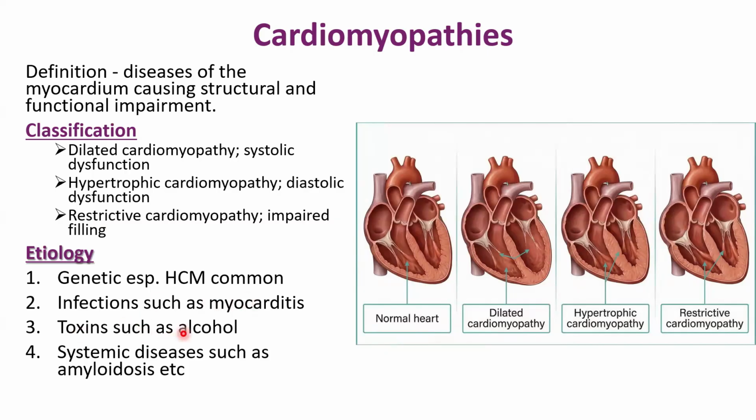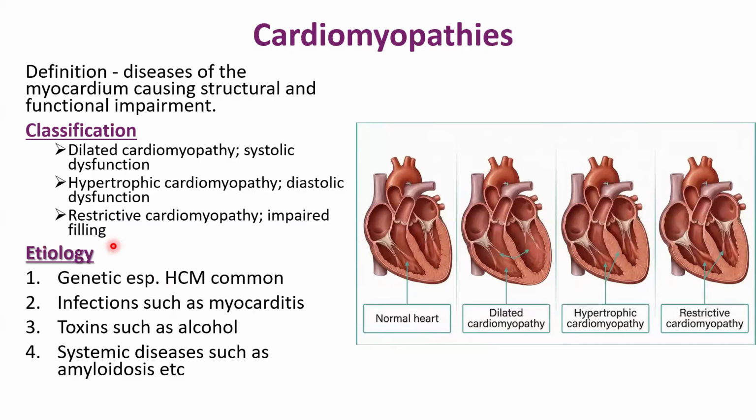Toxins such as alcohol. Systemic diseases such as amyloidosis, which affects the heart, the lungs, and the skin tissues because of the deposit of amyloid. In exams, I can ask you to discuss cardiomyopathy.